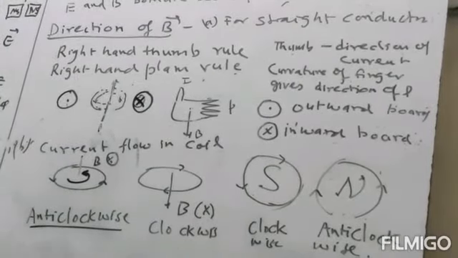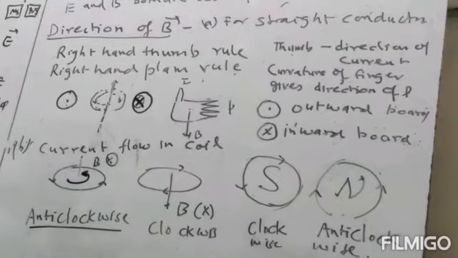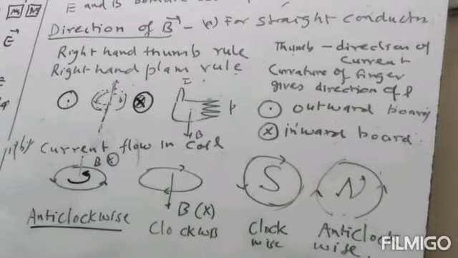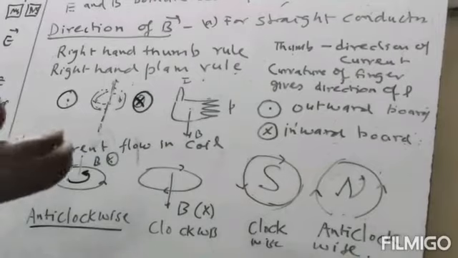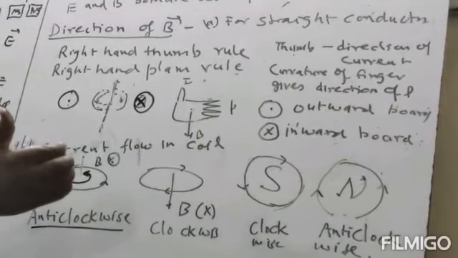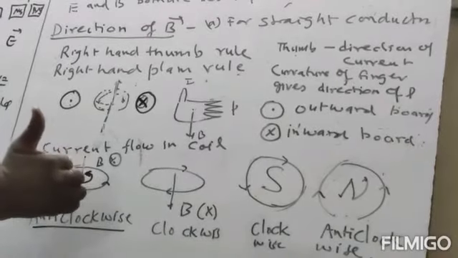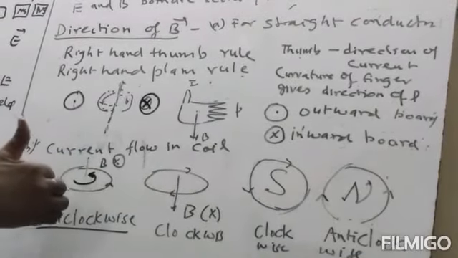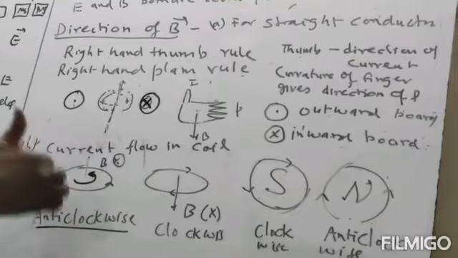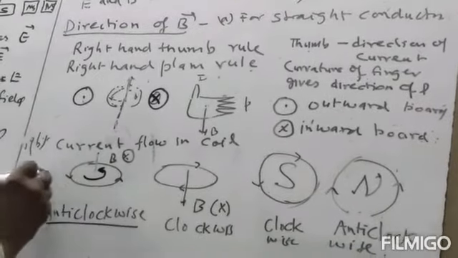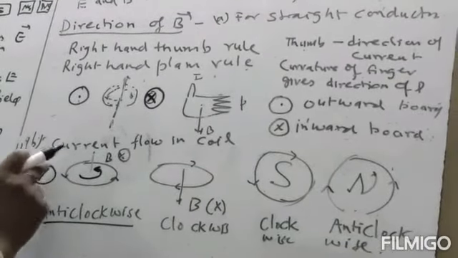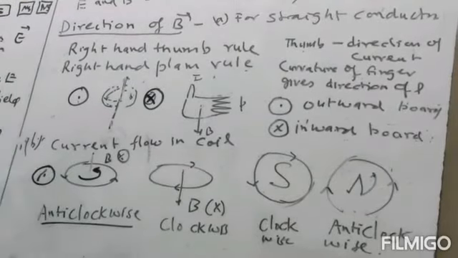Here also we can give the direction of B by the right hand thumb rule. If the curvature of the fingers shows the direction of the current, then the thumb will give the direction of the magnetic field. So here the magnetic field will be upward.